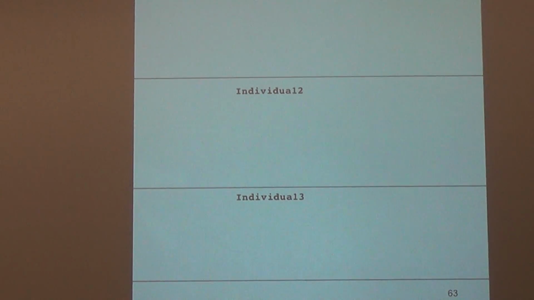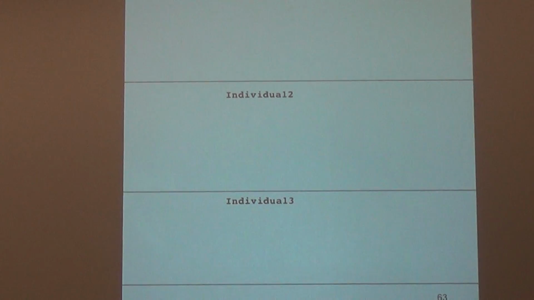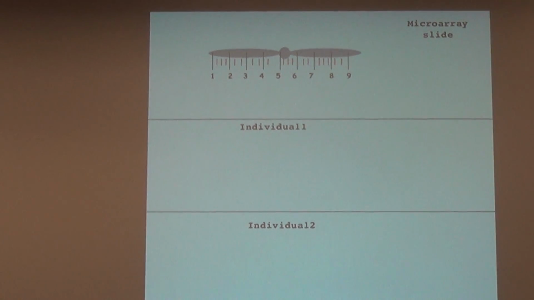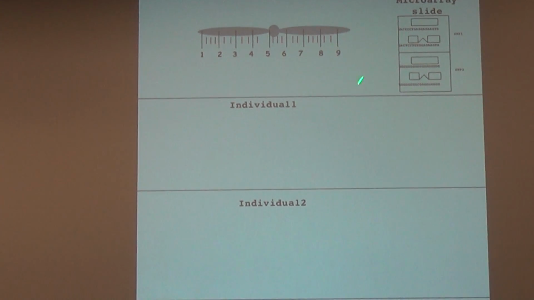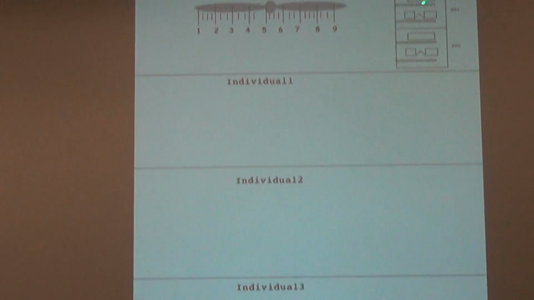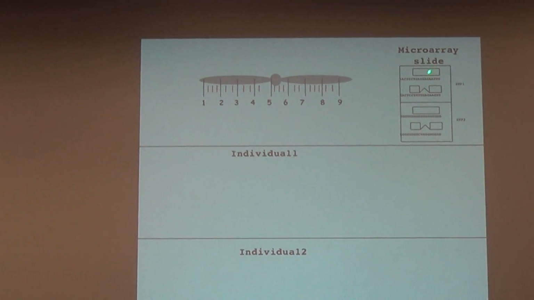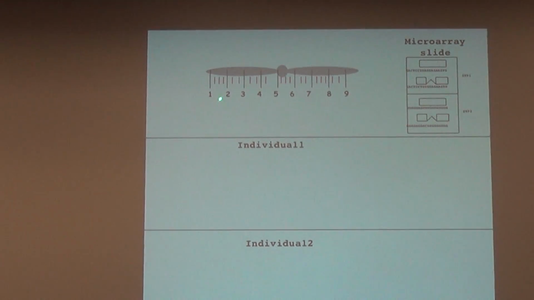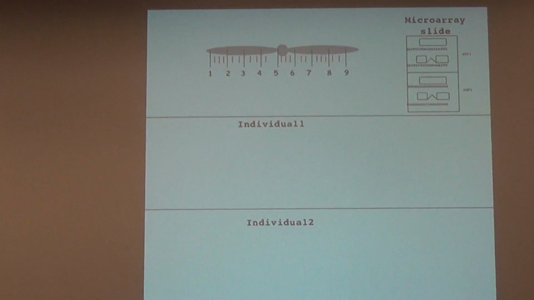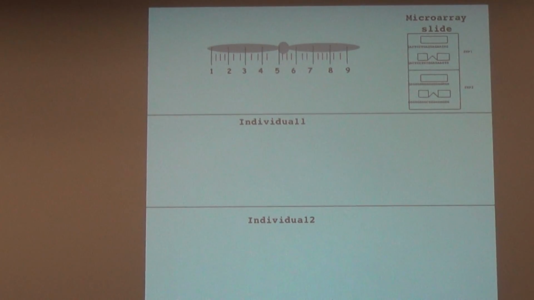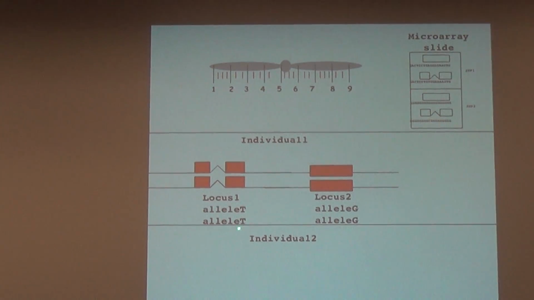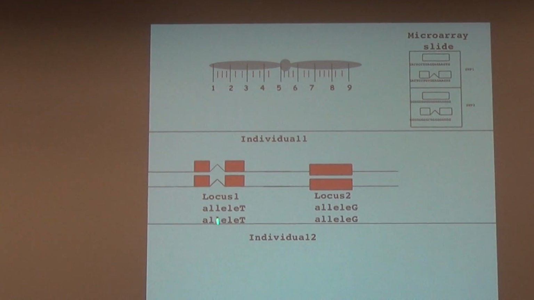I'm going to take you through one more. Here are your different SNPs. Let's focus on the first 2 only, 1 and 2. With a particular sequence, we've got a dot on the microarray that picks up one SNP or the other SNP. And then at this SNP location here, we've got one SNP or the other SNP. Let's imagine that at locus 1, the sequence is TT, homozygous TT.